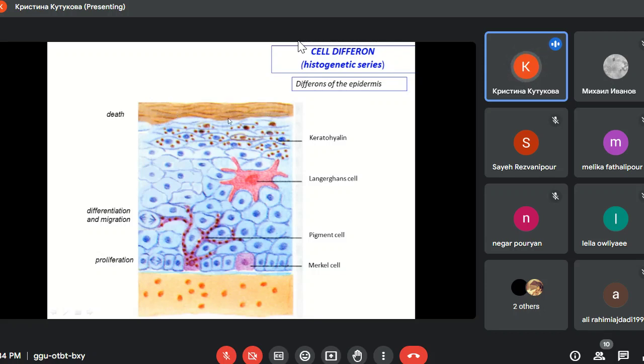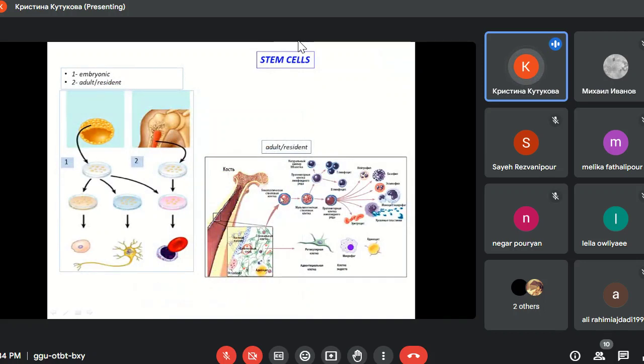Also, in the same tissue of the epidermis of the skin we have other cell differons. For example, the macrophage, called the Langerhans cell, serves for protection against bacteria here. It does not develop from the keratinocyte stem cell; it develops from the hematopoietic stem cell in red bone marrow.